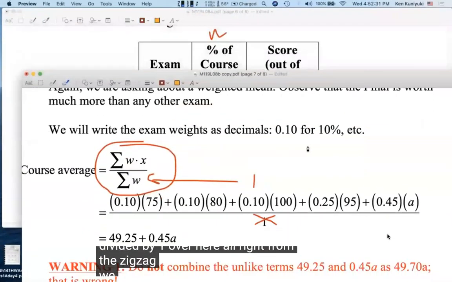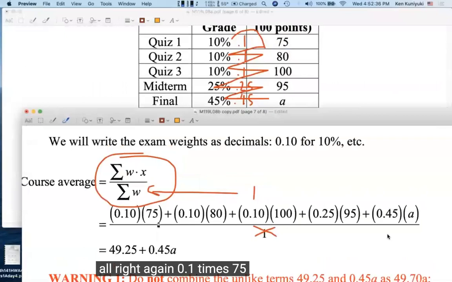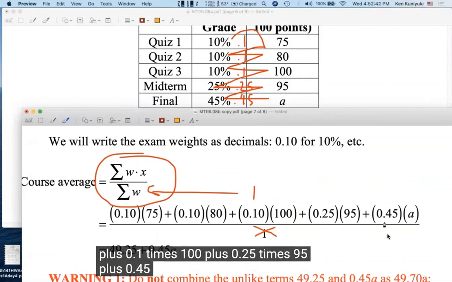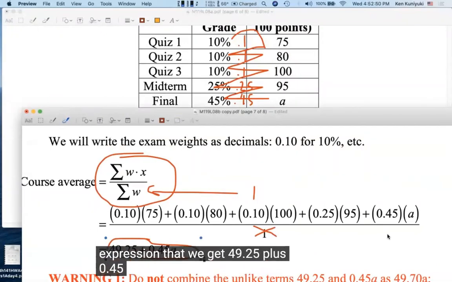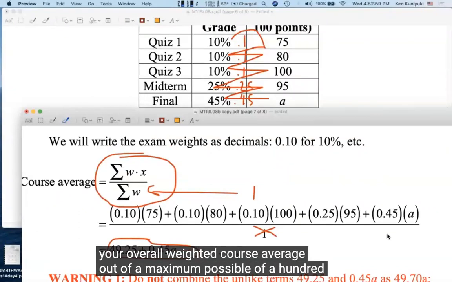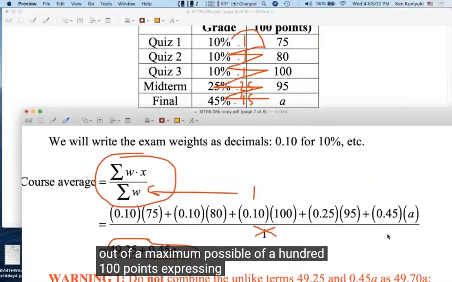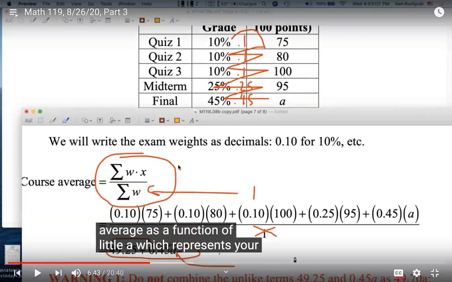From the zigzag, we get, all right, again, 0.1 times 75 plus 0.1 times 80 plus 0.3 times 100 plus 0.25 times 95 plus 0.45 times A. And you can think of this expression that we get, 49.25 plus 0.45A, that expression represents your overall weighted course average out of a maximum possible of 100 points, expressing your course average as a function of little a, which represents your unknown score on the final.